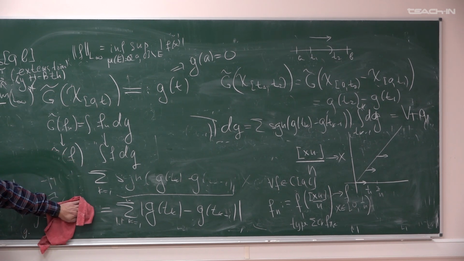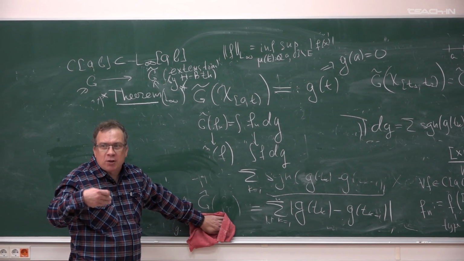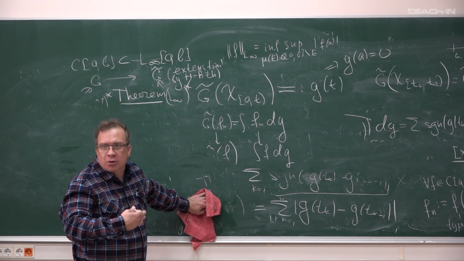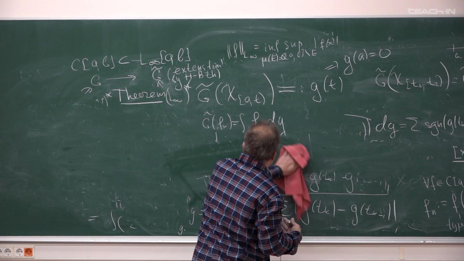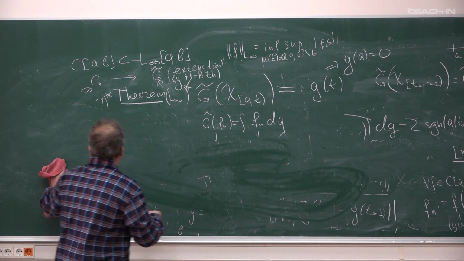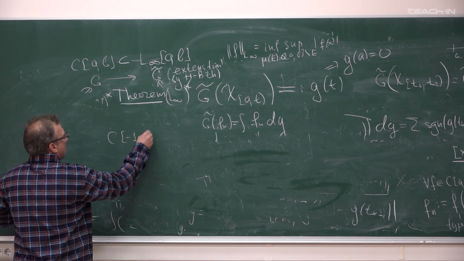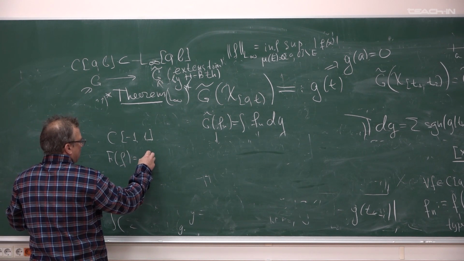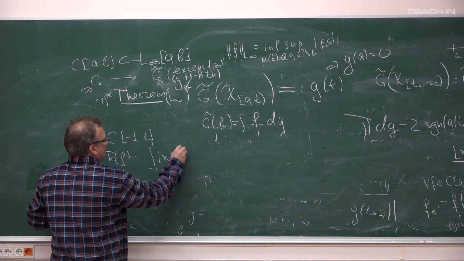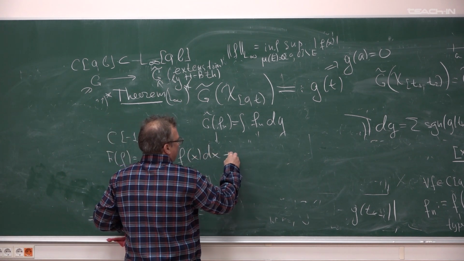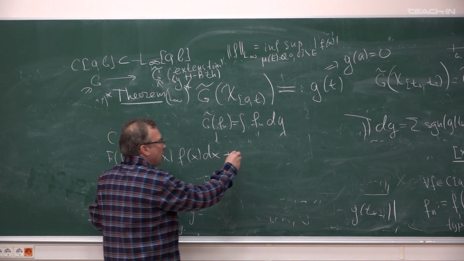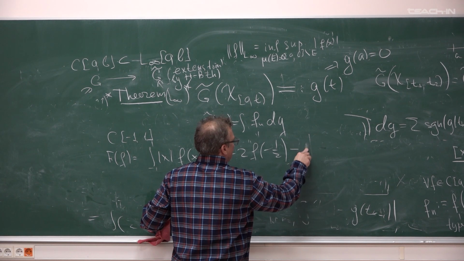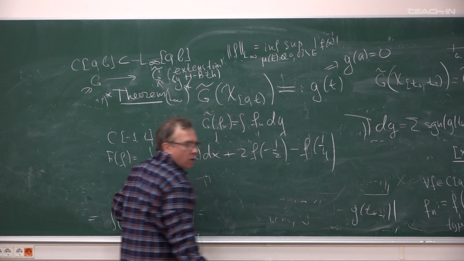Let's consider the homework problem and try to calculate the norm with this theorem, and you see that it is not a convenient instrument. So remind me what the functional was. The space was C[-1,1], and the functional was plus 2f(1/2), minus f(1/4).